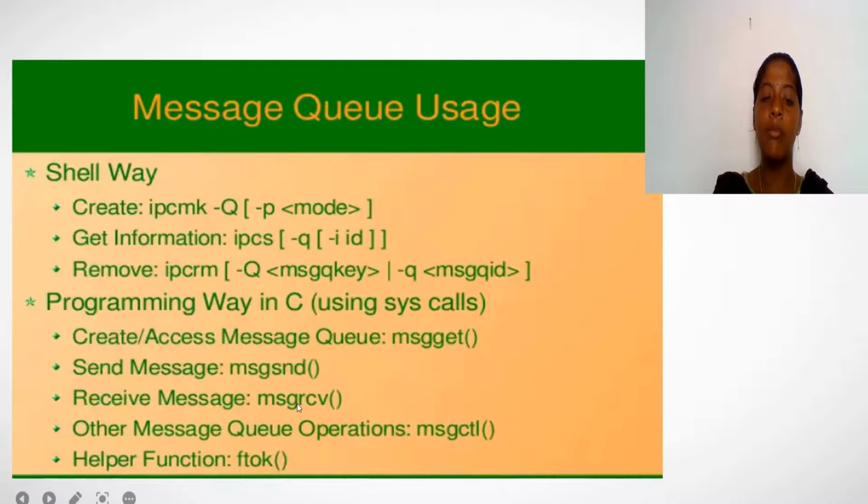Next, send a message using msgsnd, which is used to send messages programmatically in C. To receive messages, msgrcv is used in C. Other message queue operations include msgctl and a helper function, ftok. These are all about message queue usage.